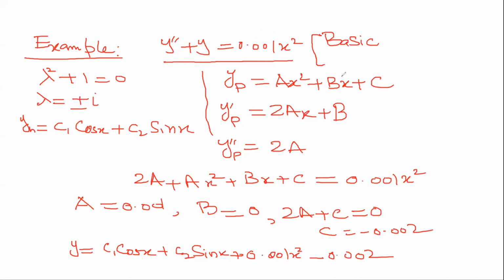But since sine and cosine of x are already solutions of the homogeneous case, we cannot simply use sine and cosine of x as the particular solution. In that case, we will multiply each of these terms, sine and cosine of x, by x. So that will be the non-basic case.